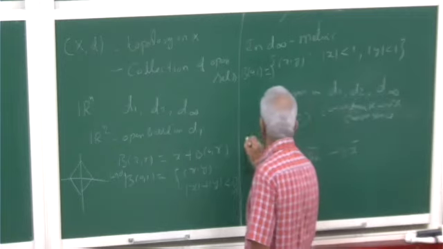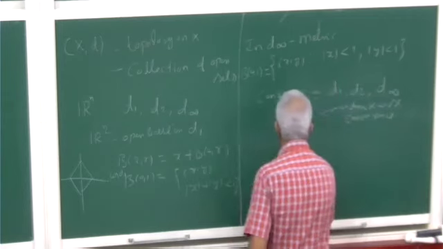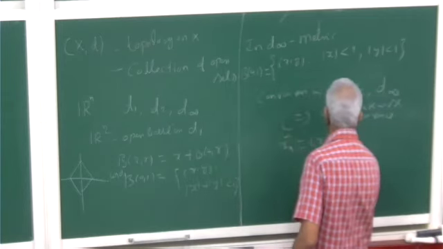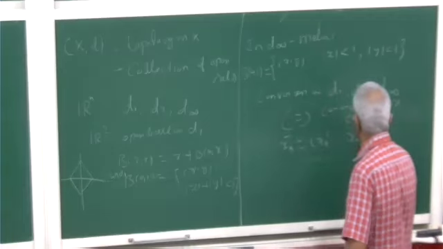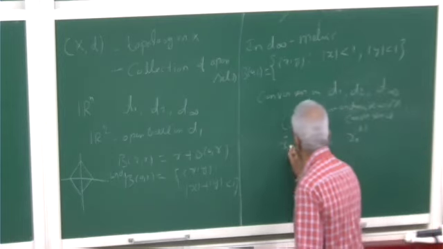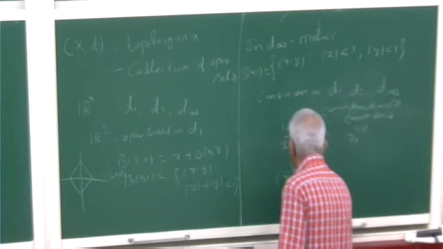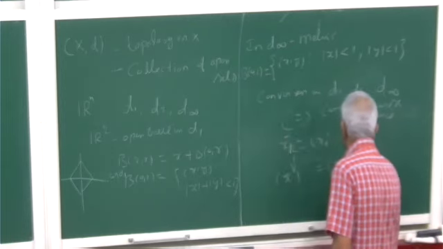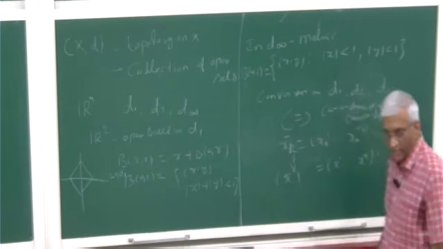You write xn bar equal to xn1 up to xnk. Let's call this k, and this is n, okay? And this converges to x bar, which is equal to x1 up to xk.